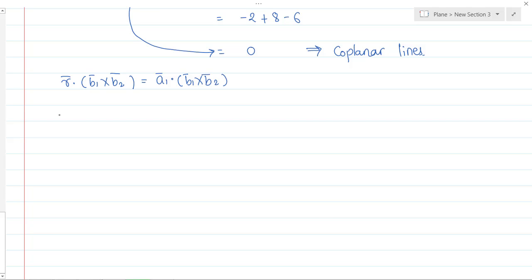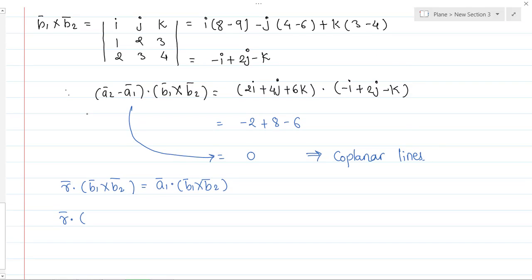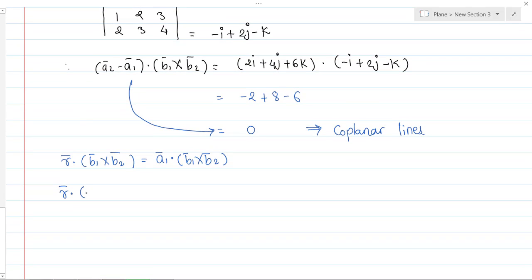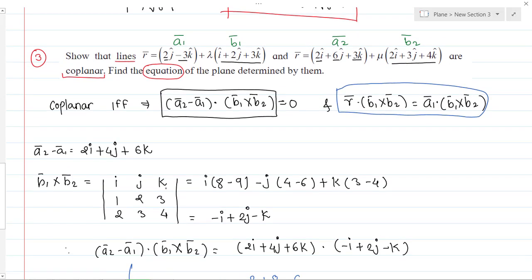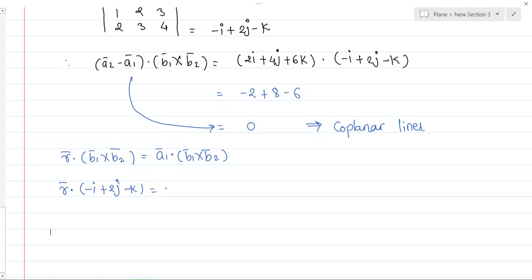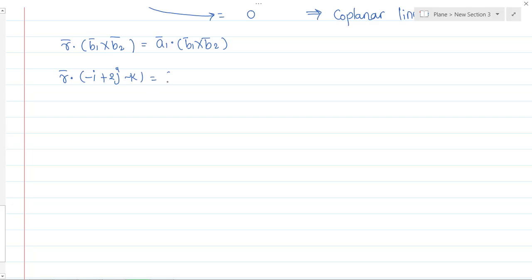So r bar dot (minus i plus 2j minus k) equals, with a1 being 2j minus 3k, (2j minus 3k) dot (minus i plus 2j minus k).